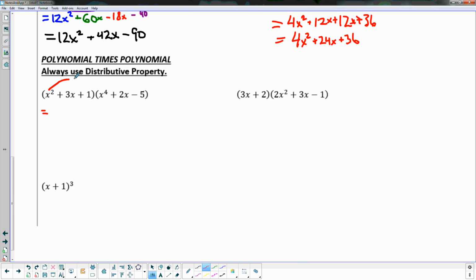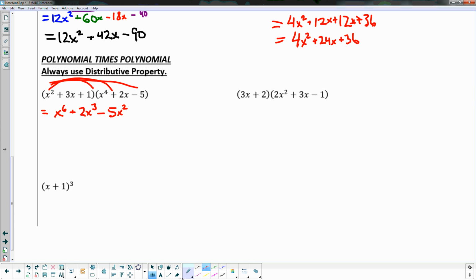We took the x squared and we multiplied it by everything in the second set of parentheses. So x squared times x to the fourth, use a little bit of exponent rules there, you get x to the sixth. X squared times 2x is going to be 2x to the third. And x squared times negative 5 will be minus 5x squared.